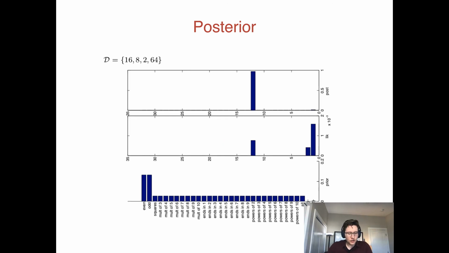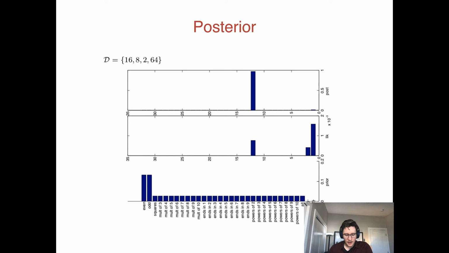Now, let's look at the example we've been working with, where our data is this powers of 2 set, 2, 8, 16, 64. Our prior is the same, because of course our prior doesn't depend on what data we see. If we look at the likelihood, we see that many rules have been ruled out, for example, odd, multiples of 3, and so on. All of those concepts are impossible.